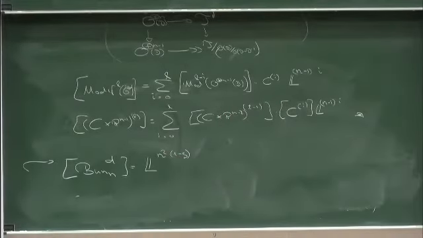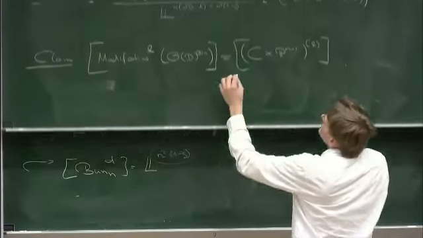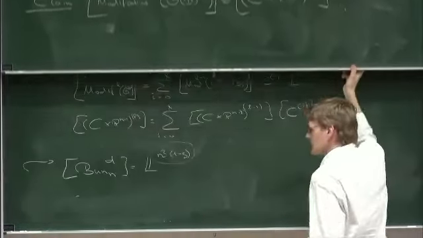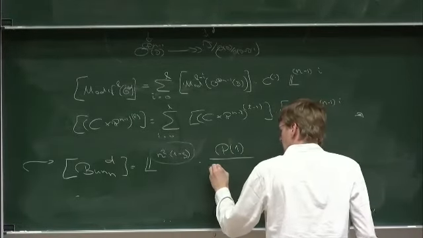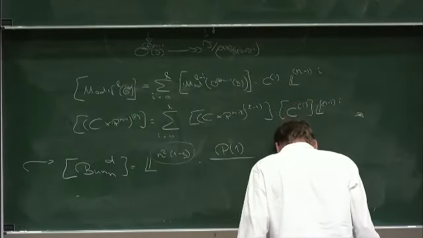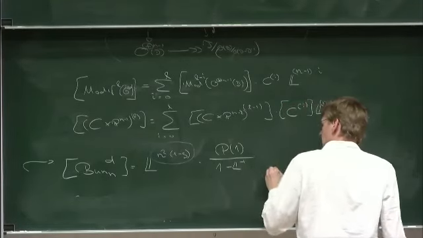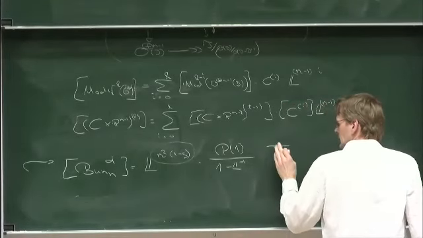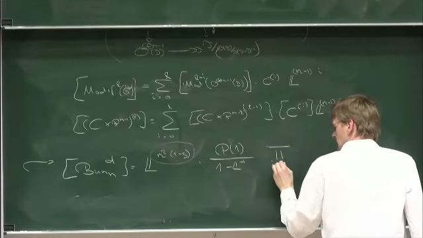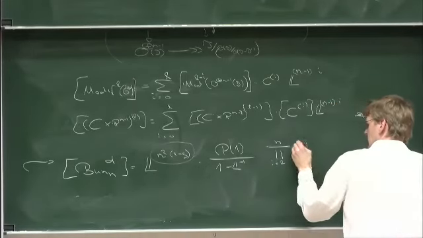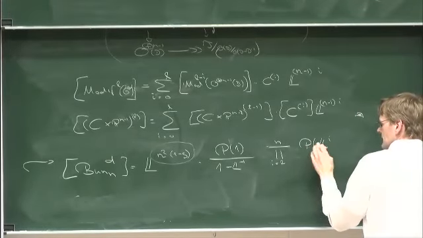And this exponent is actually this times, and you find P of 1 divided by the product from I equals 2 to n of P of L to the I minus, it's just the zeta function of the curve.